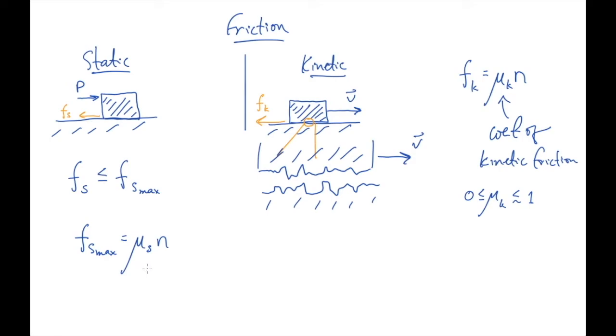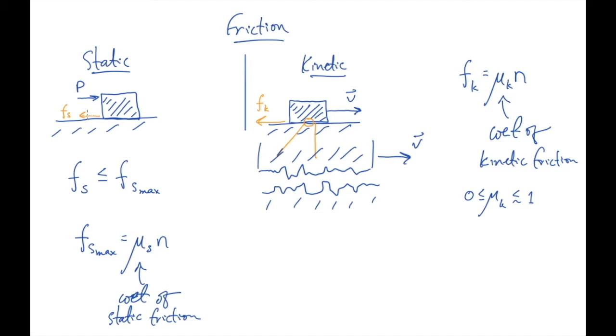The harder the two surfaces are being pushed together, the larger the maximum value of static friction. So this is the coefficient of static friction. Okay, so that's the maximum value. What the actual value is depends on what's happening. If you push with 1.5 newtons and the thing doesn't go anywhere, friction is going to push with 1.5 newtons.